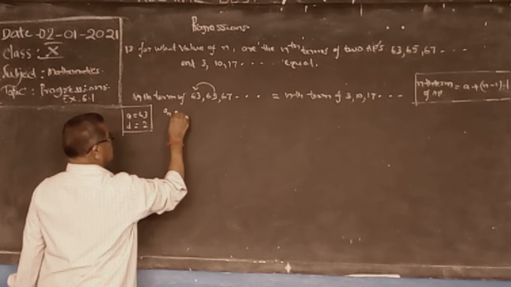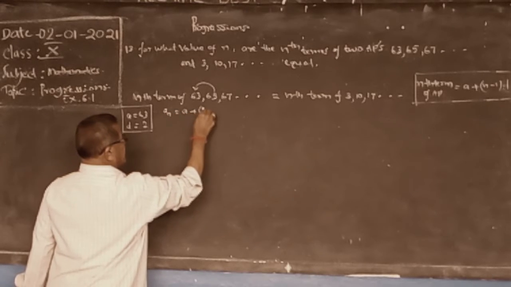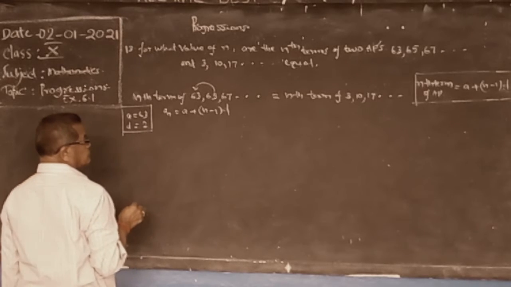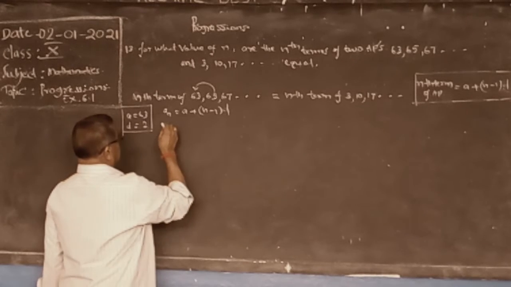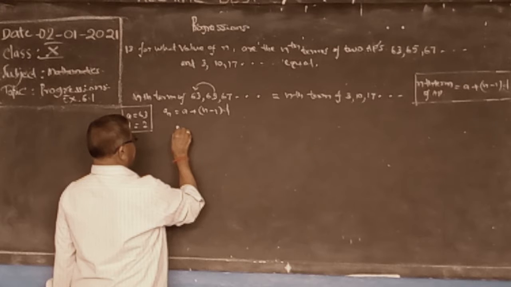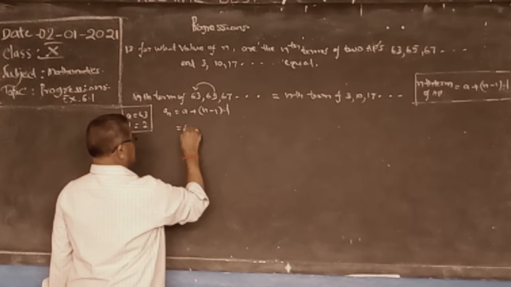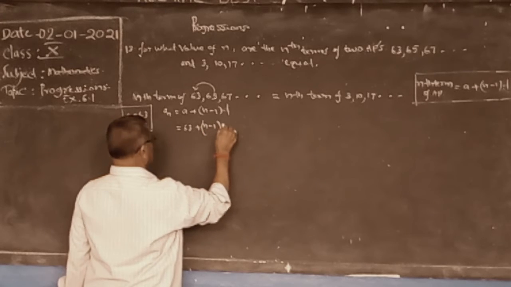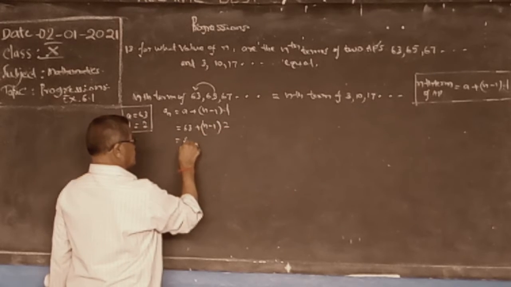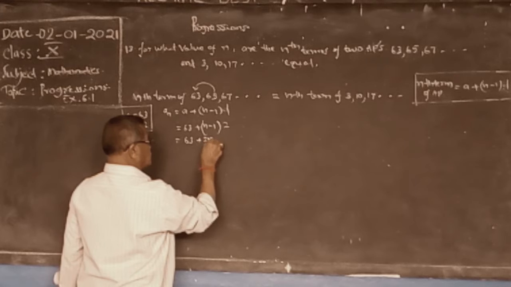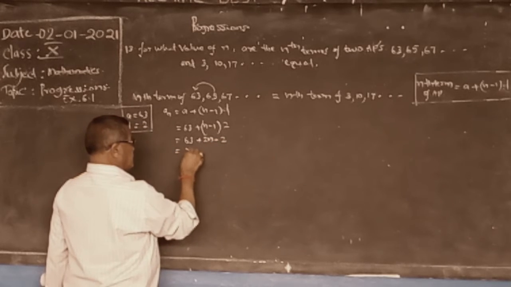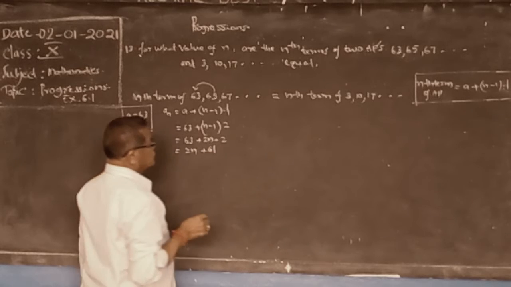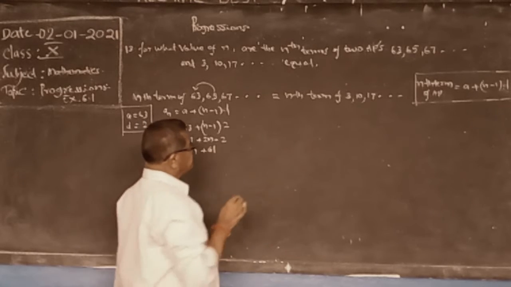An is equal to A plus n minus 1 of D. A is 63, n we don't know, D value 2. 63 plus 2n minus 2, that is 2n plus 61.